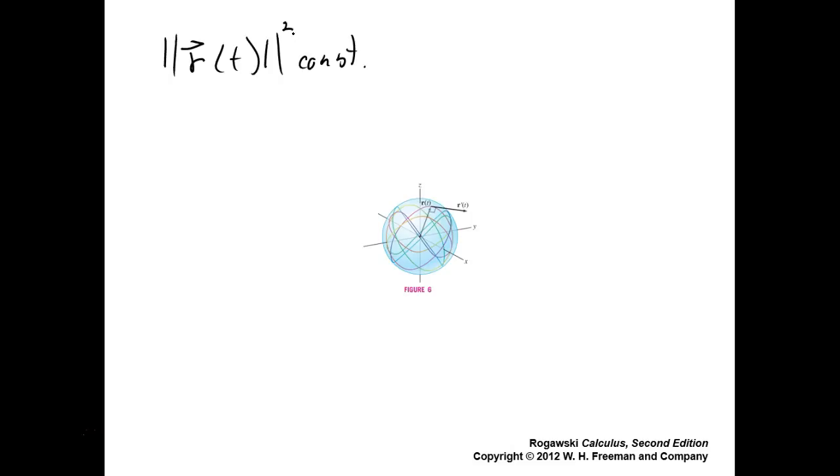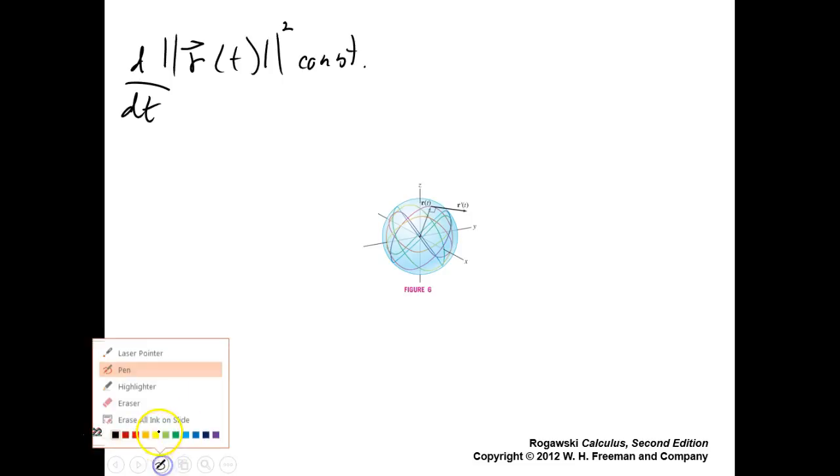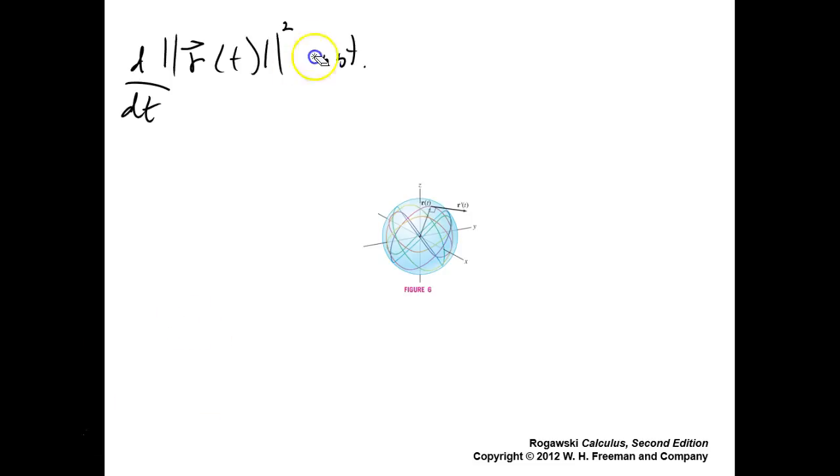Now, if it's constant, another thing that implies is that the derivative of a constant is what? Zero, exactly. So we can phrase that by saying the derivative of that constant is 0.